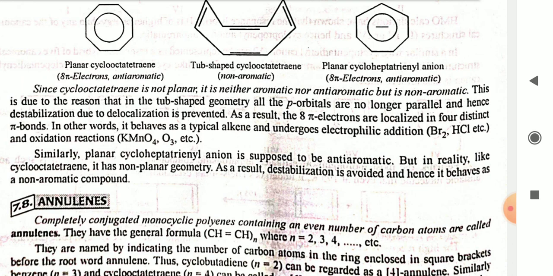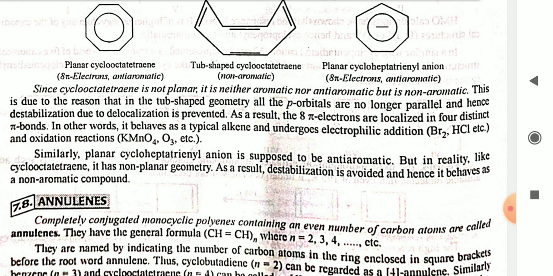This is due to the reason that in the tub-shaped geometry, all the p orbitals are no longer parallel and hence destabilization due to delocalization is prevented. As a result, 8 pi electrons are localized in 4 distinct pi bonds. In other words, it behaves as a typical alkene and undergoes electrophilic addition, Br2, HCl, etc., and oxidation reactions, KMnO4, O3, etc.